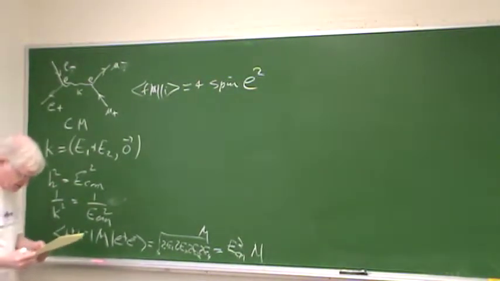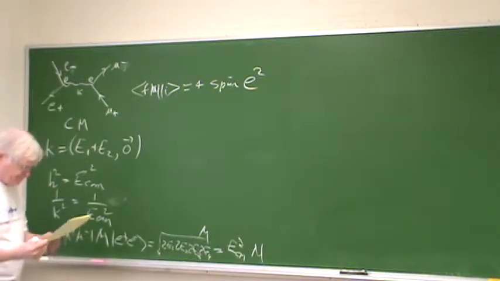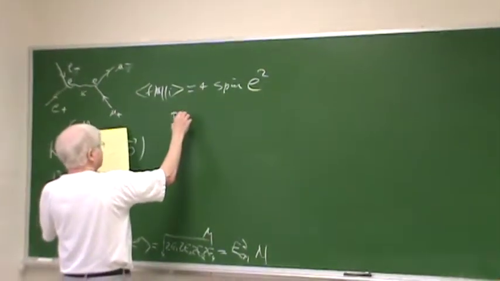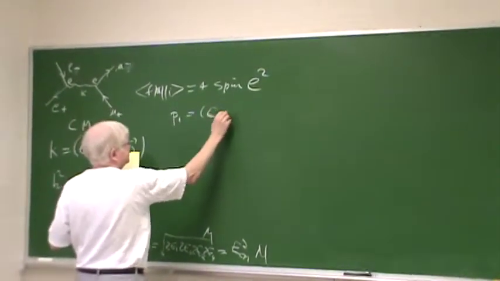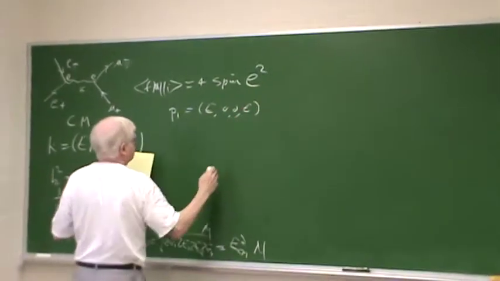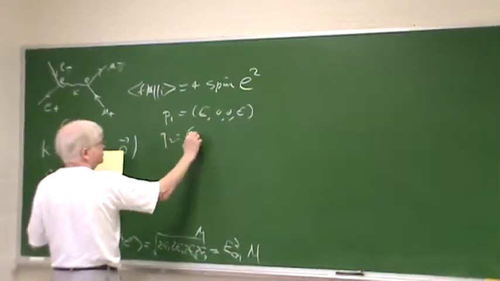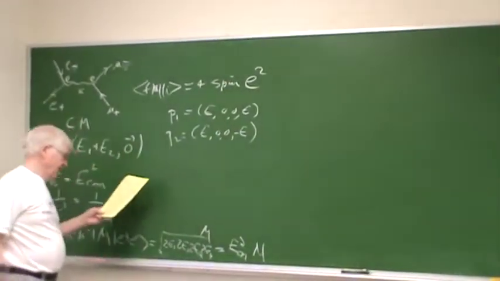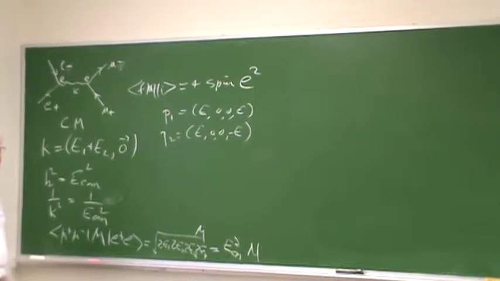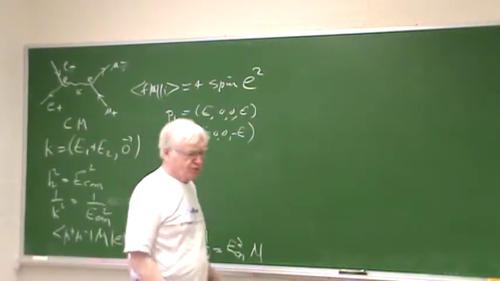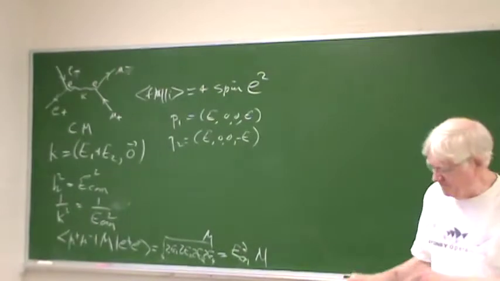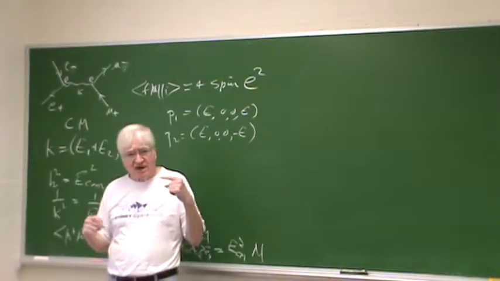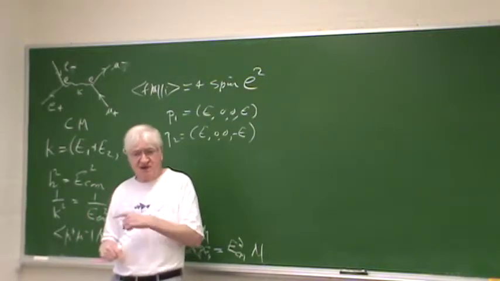And now the spins. What are the spins? Well, the incoming electron has a four-momentum that is basically E, 0, 0, E, if it's moving in the Z direction. The other, E2, is E, 0, 0, minus E. Now, what do we have? We can think of these electrons as having spin 1/2 in the direction of motion or opposite the direction of motion.